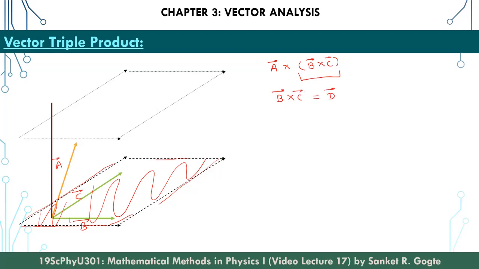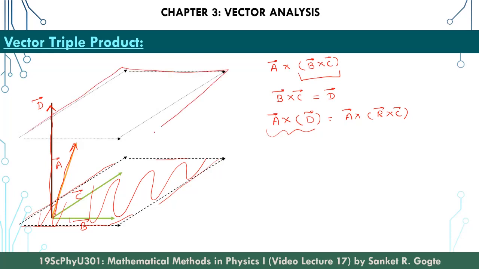let me write that as D, then this cross product is going to be perpendicular to the plane which contains B and C, and therefore this is going to be the direction of D, which is the cross product of B and C. Now what we are doing is we are taking cross product of A with the resultant vector D, which is basically A cross B cross C. Its magnitude is of course going to depend on the magnitudes of A, B and C, but this A cross D now has the direction which is in the same plane as the plane of the parallelogram.